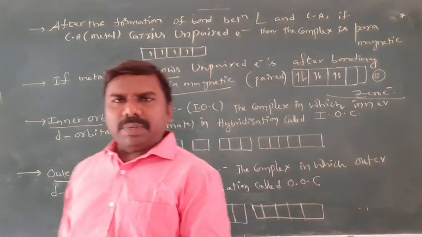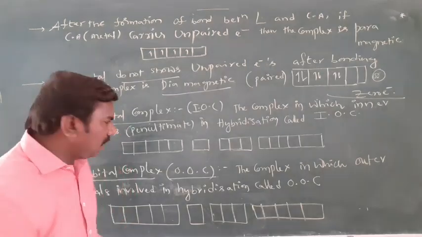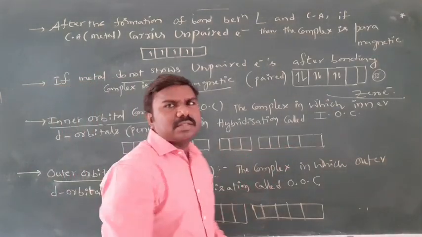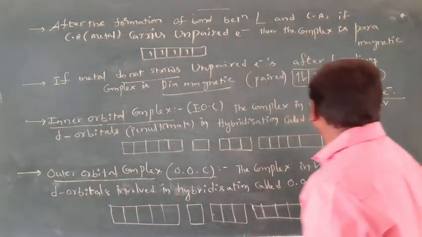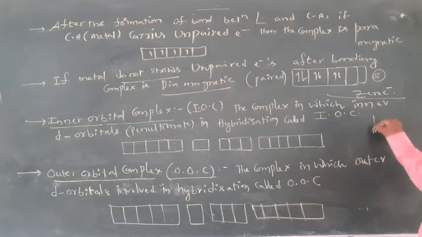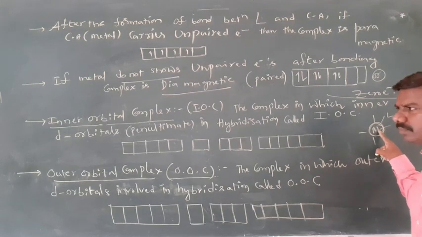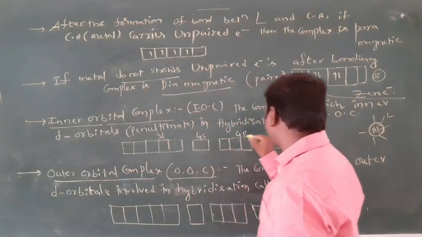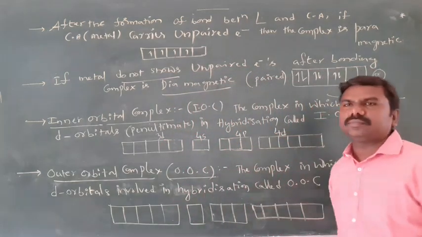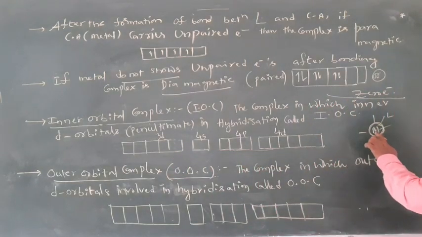Inner orbital complex, simply indicated as IOC. Students, you observe clearly, these are the orbitals of central metal atom, nothing but a d block element. Around this, ligands are there. In this metal atom, d orbitals are available. These are 3d, 4s, 4p and 4d. Clear? These all orbitals are present in a central metal atom.